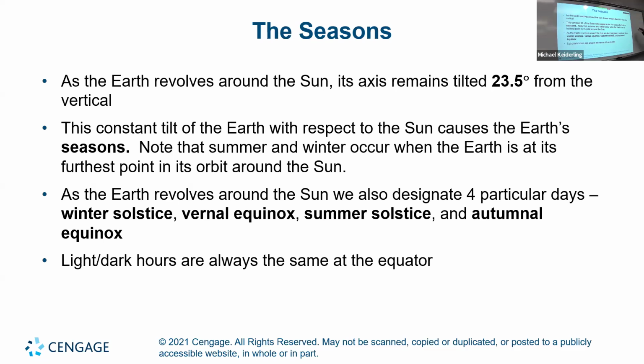Like Stonehenge was set up to tie to these various dates. People built things tied to them, probably as long as people have been people. People have known about these days, and we put important events at these days.